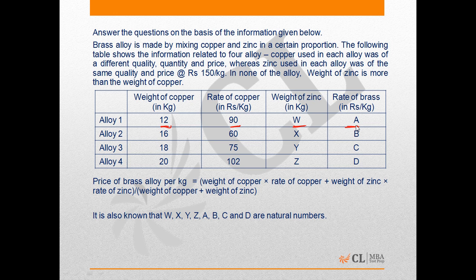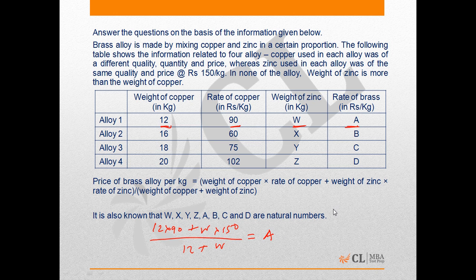The rate of alloy 1 is A, so A has to be equal to (12 into 90 plus W into 150) upon (12 plus W).